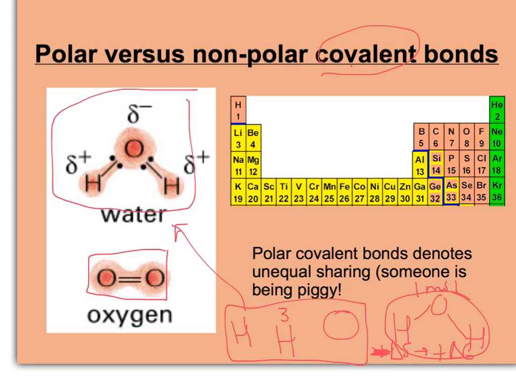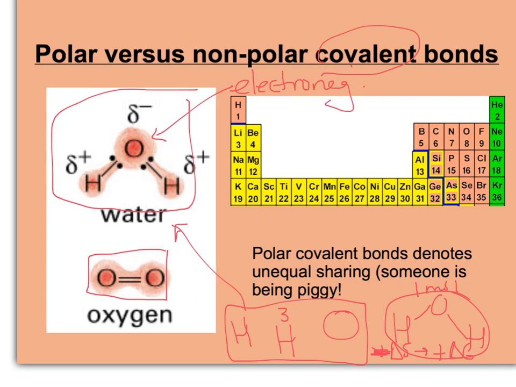Polar covalent bonds mean that you have one atom that pulls the electrons closer to it than to the other atoms. And oxygen is what I call a piggy, right? It takes those electrons and makes them come closer, and that's due to its electronegativity.